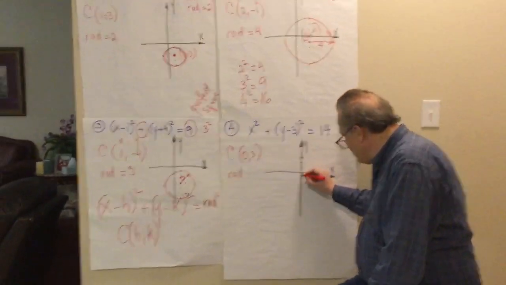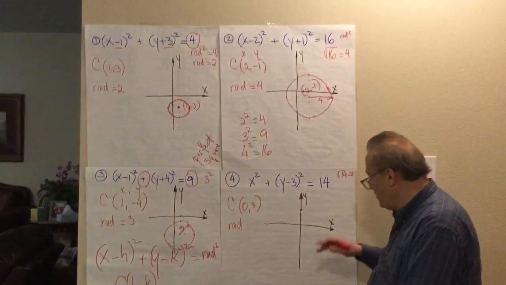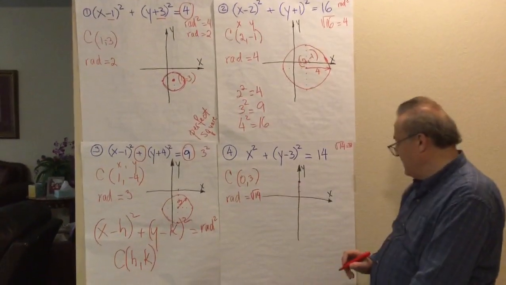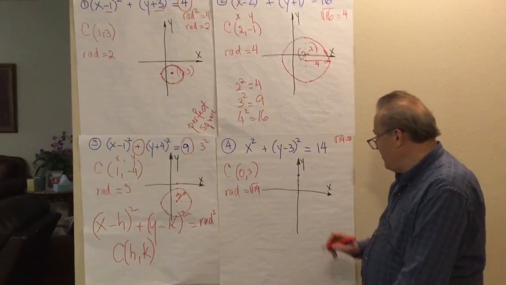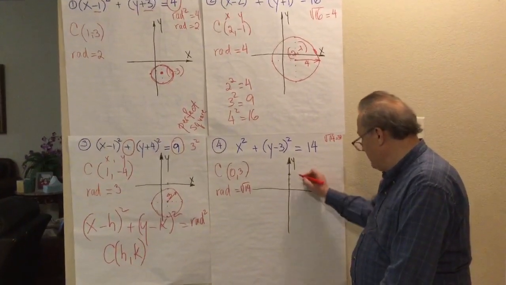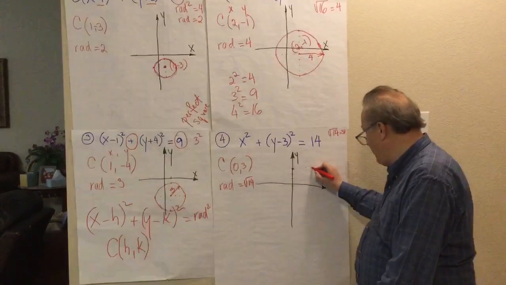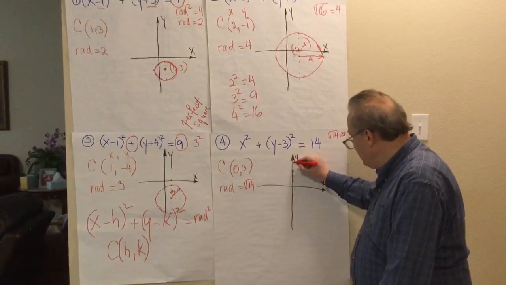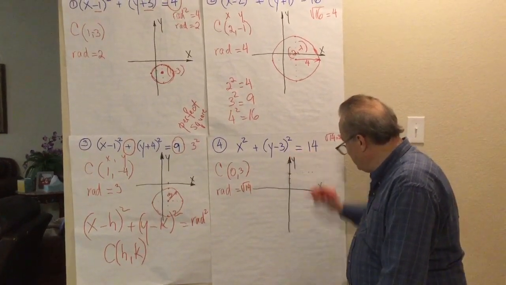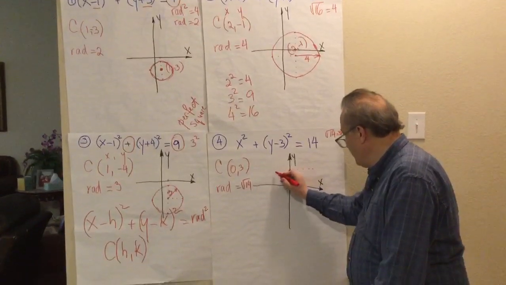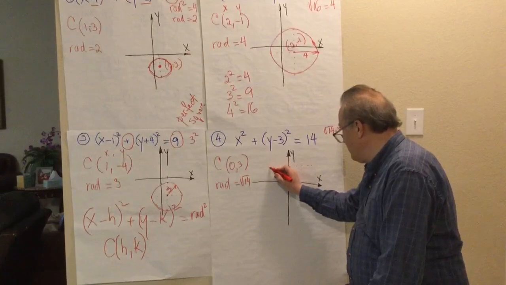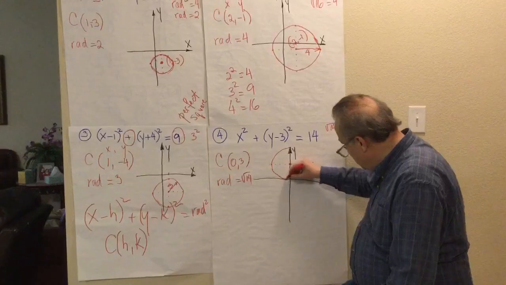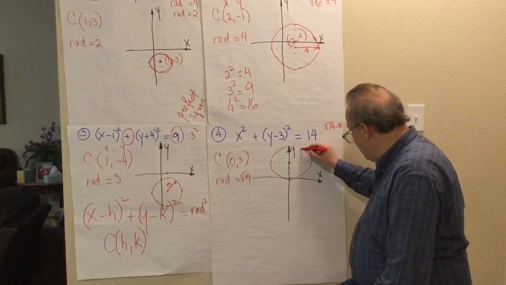Therefore, I'm going to go just a little hair under the 4, because this is the square root of 14. All right? And then, which direction do I go? 1, 2, 3, and a little bit. 4 would be here, but it would be less than 4. So my circle would look something like this.